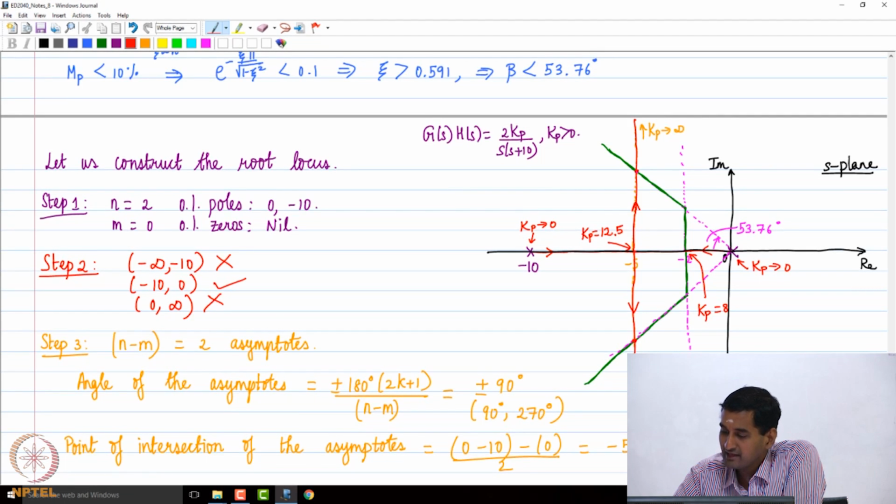So how do I calculate this point? I can use the angle, right? Can you tell me what is the coordinate? Of course, the real part is minus 5. What is going to be the imaginary part?